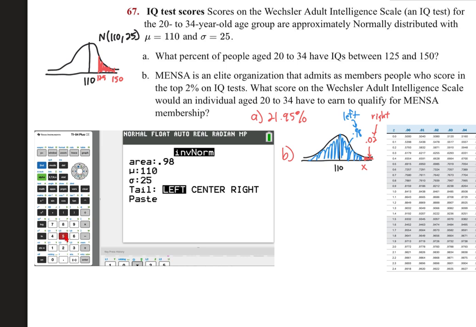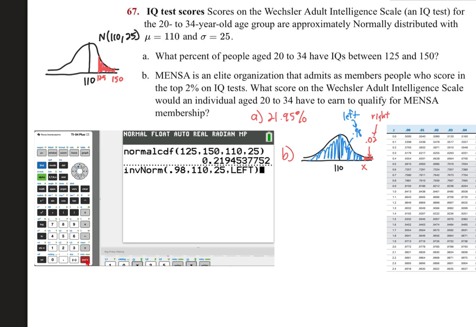All right. Okay, and that's it. So to be in the top 2%, you'd have to score 161.344 on the test.